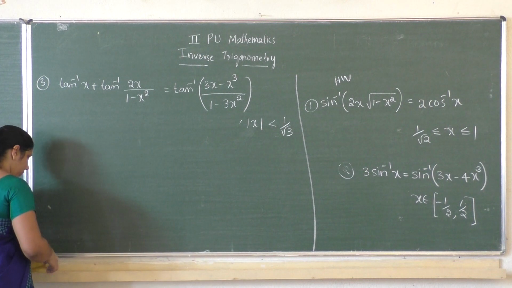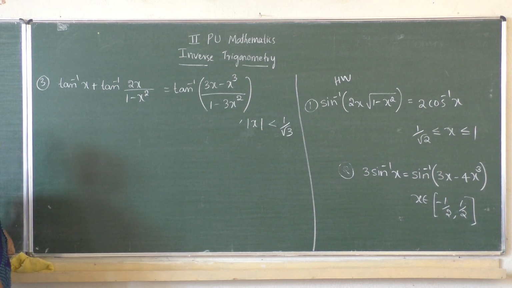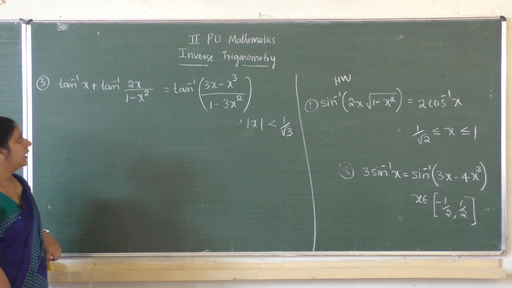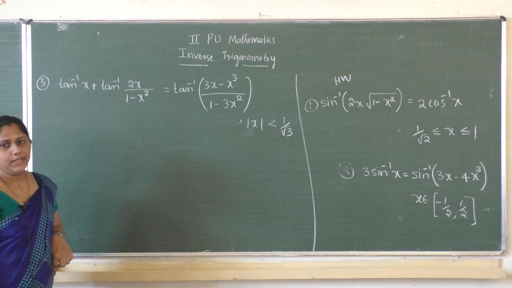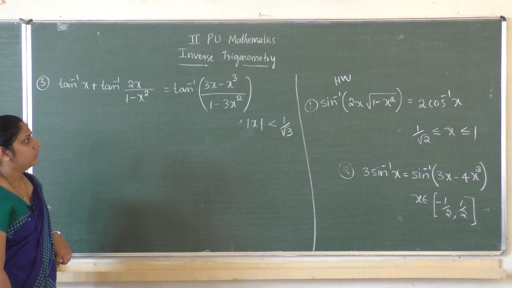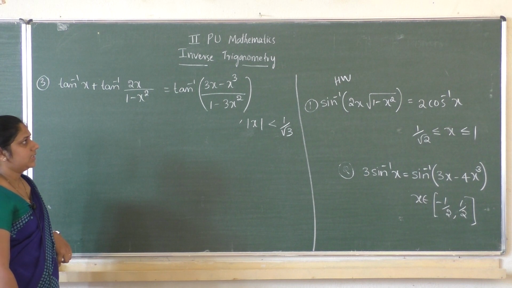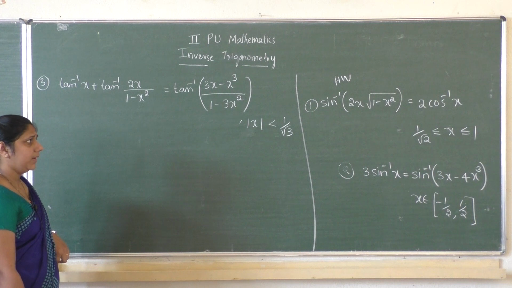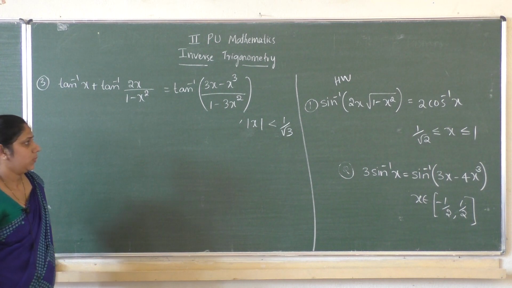See the question, what we have to prove? We have to prove tan inverse x plus tan inverse 2x by 1 minus x square equal to tan inverse of 3x minus x cube divided by 1 minus 3x square, right?